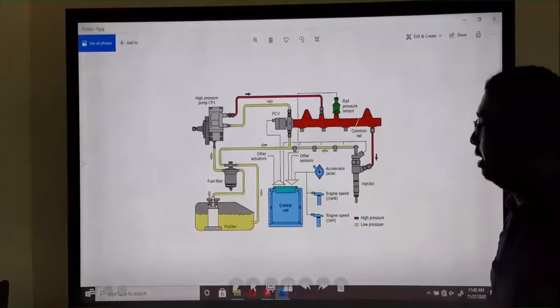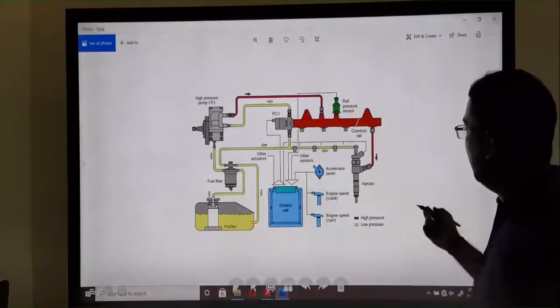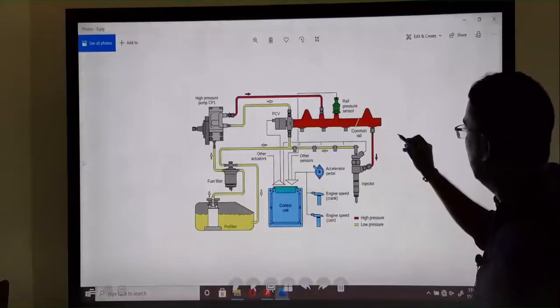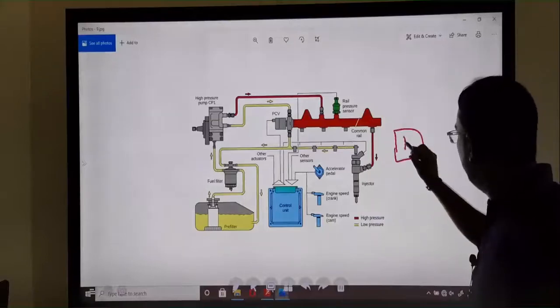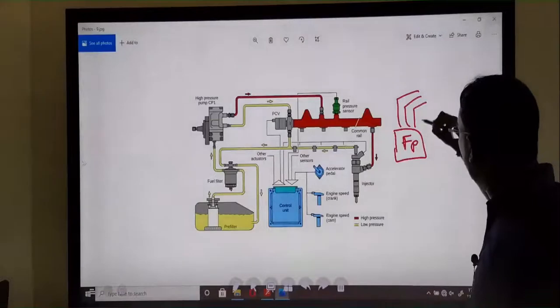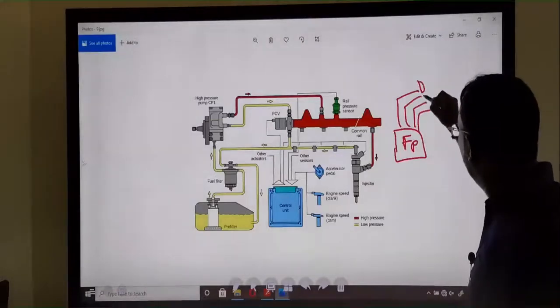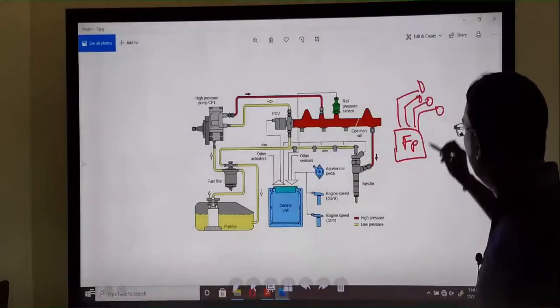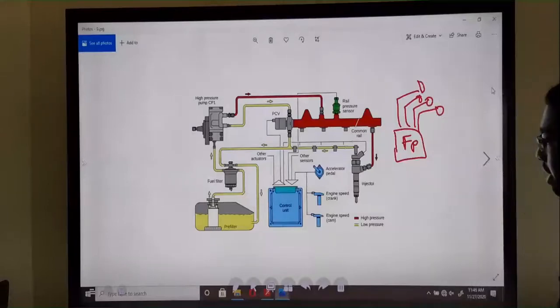Before, in old vehicles, normally this is the fuel pump, and you can see there are 4 separate lines connected with the injectors. There are 4 separate lines connected with the injectors.